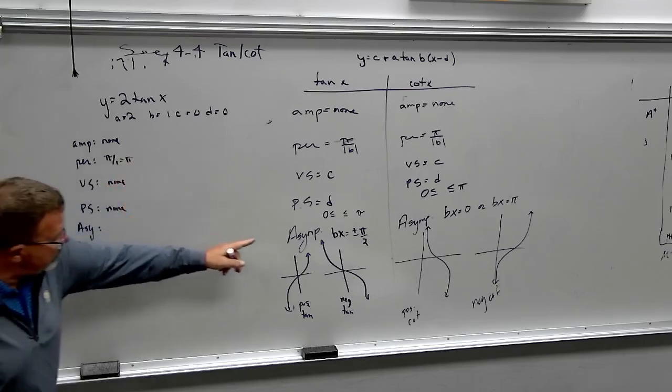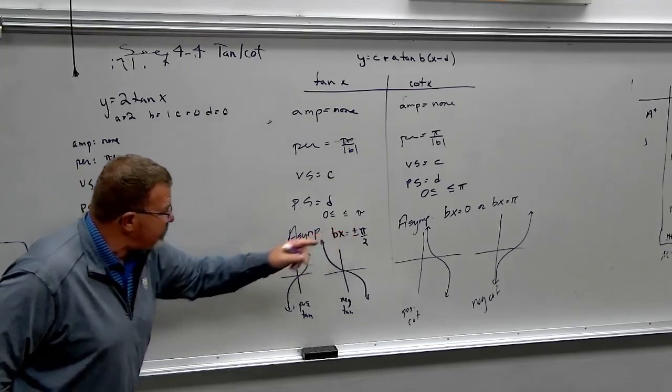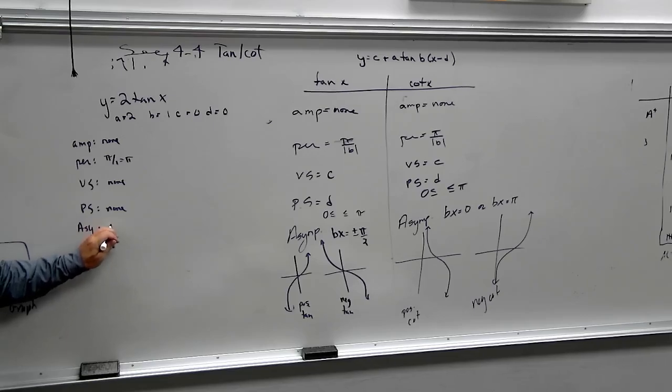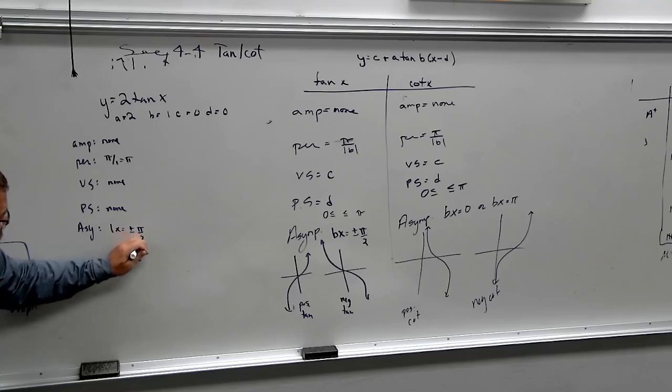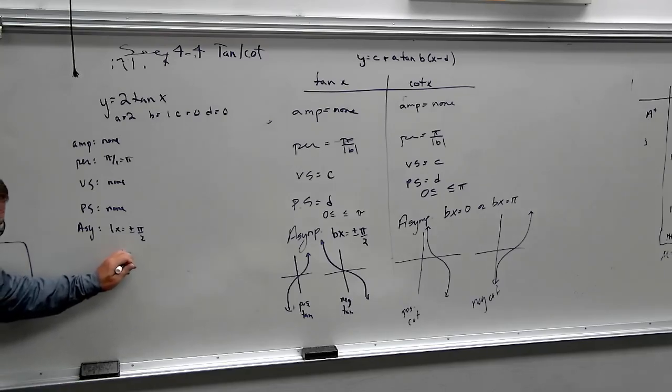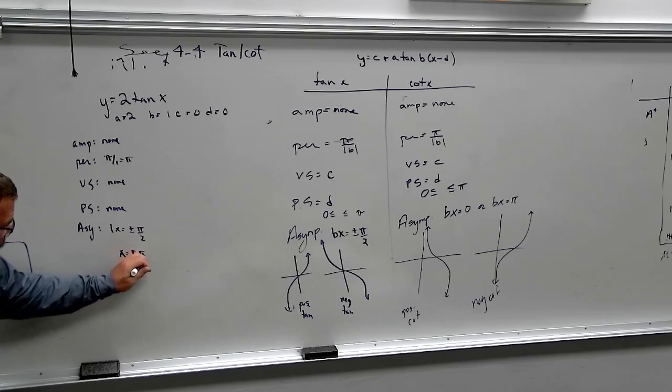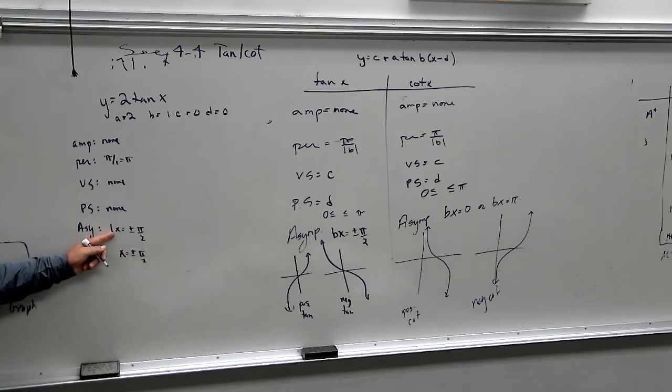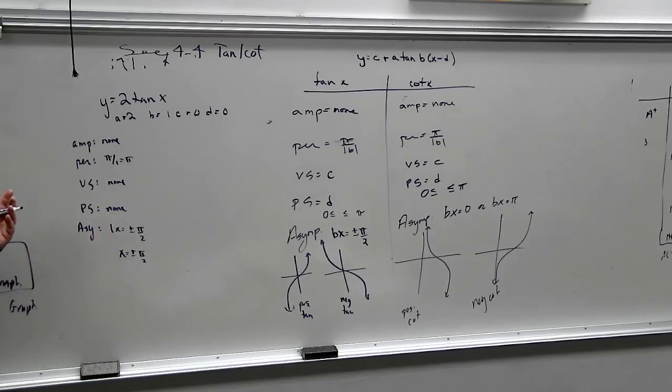So notice the formula is b times x equals plus minus pi over 2. So it's going to be 1 times x equals plus minus pi over 2. Well, we like it when our b value is 1 because we know our vertical asymptotes are x equals plus minus pi over 2. When we do our other example, I'll make sure to give you a different b value so you can see how it works. We're ready to graph.